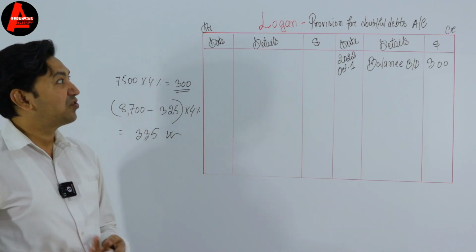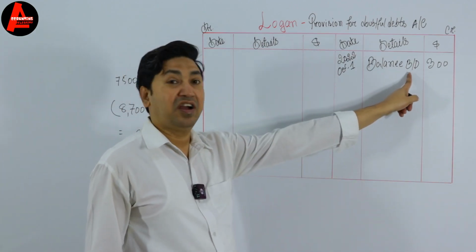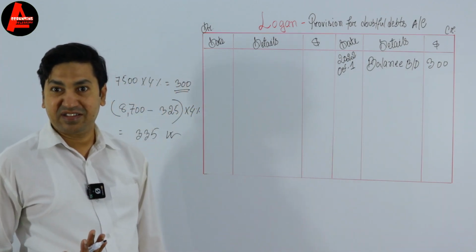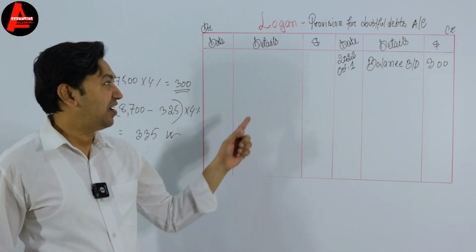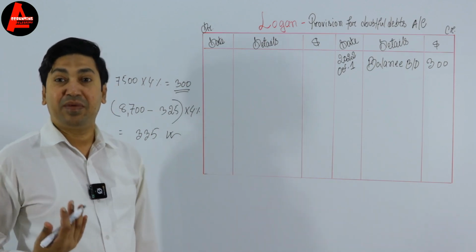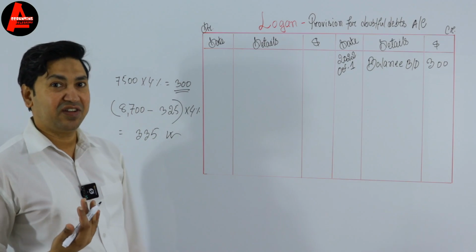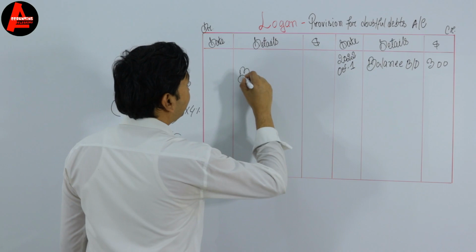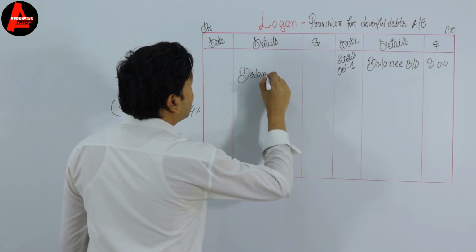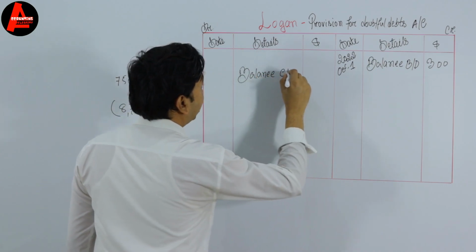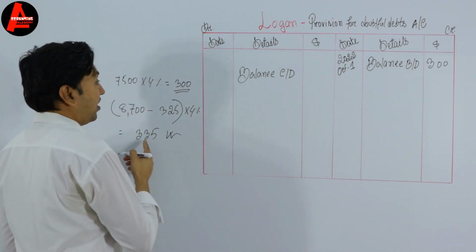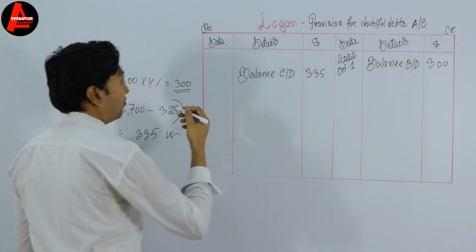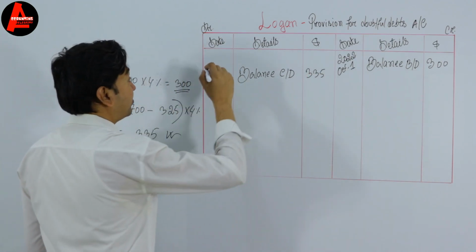As we recorded the opening balance on the credit side, the closing balance obviously goes on the debit side, as balance CD, balance carried down. So let us write balance CD, carried down. Here it is $335, and we will write the date, the last day of the financial period.